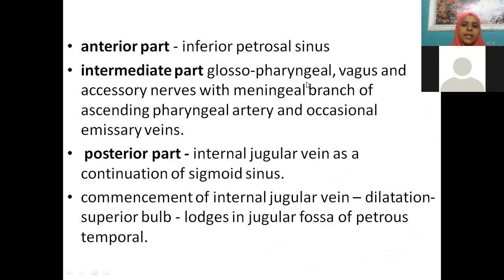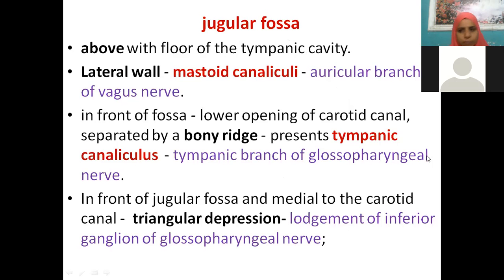The intermediate part, the 9th, 10th, and 11th cranial nerves, along with the meningeal branch of the ascending pharyngeal artery and emissary veins. The posterior part, the internal jugular vein as a continuation of the sigmoid sinus. At the commencement of the internal jugular vein there is a dilatation called the superior bulb, which lodges in the jugular fossa of the petrous part of the temporal bone.